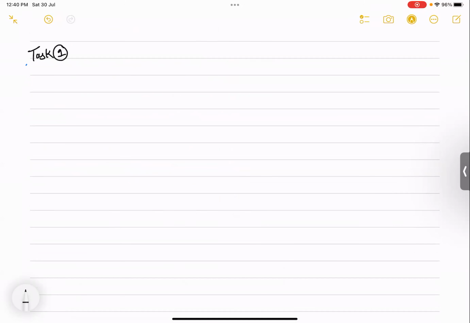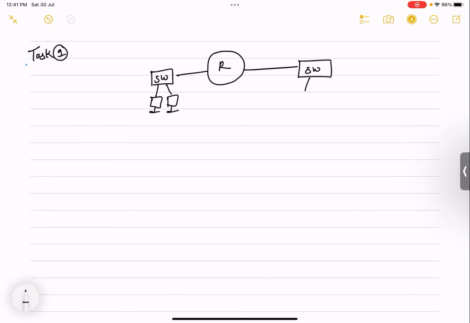In task one, you are getting a router, and the router is connected with a switch connected to some LAN users. The router is again connected with a switch, connected with an application server.